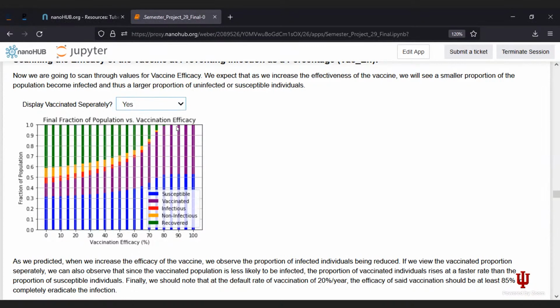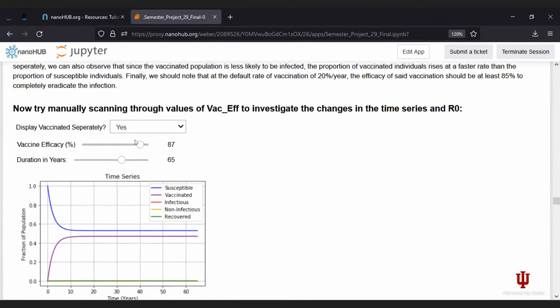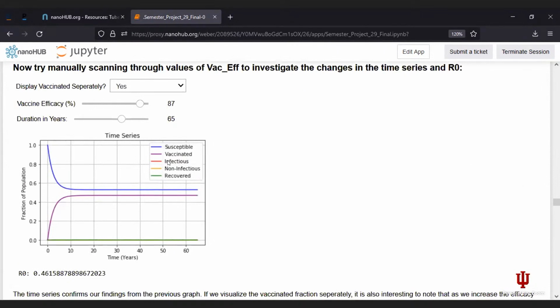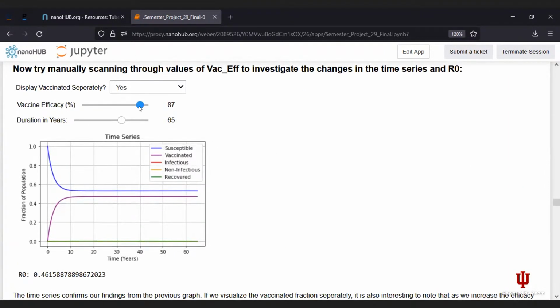So what we see is the overall number of susceptible people increases a lot as we increase the efficacy. Again, the same concept as before.